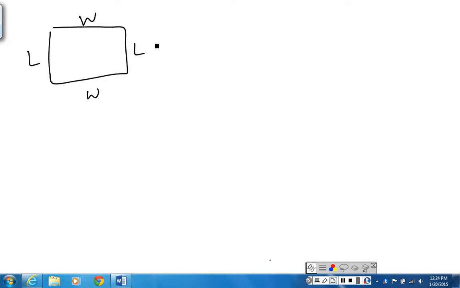Alright, so first things first, and that is you need to write down the perimeter of a rectangle formula. So as you notice, we have a rectangle here, right? And you have, let's say this is W, W, L, L, right? Perimeter means add up all the sides. So perimeter would be, you have 2 L's and 2 W's, right? 2L plus 2W.